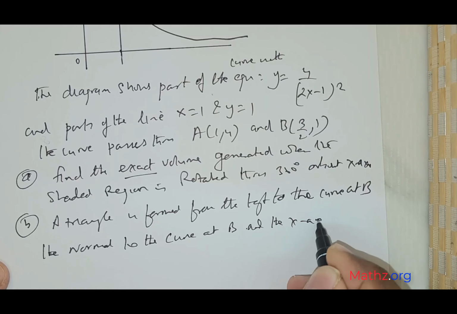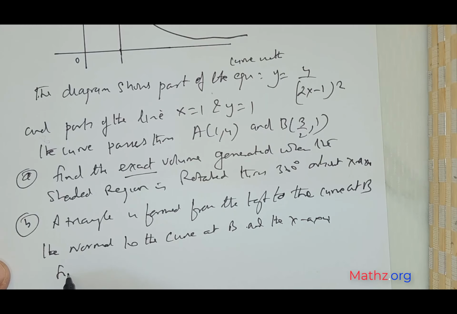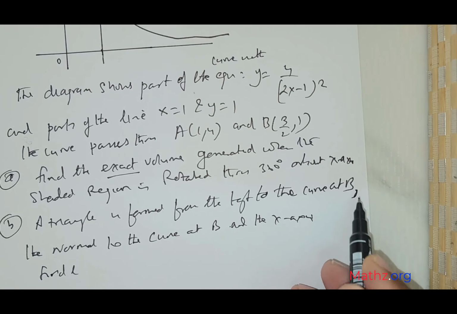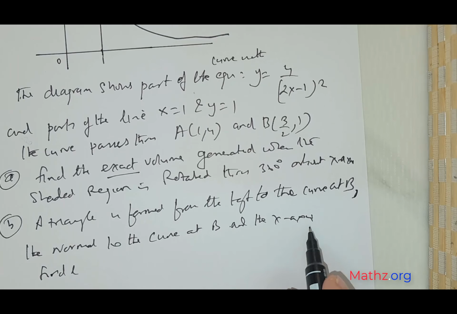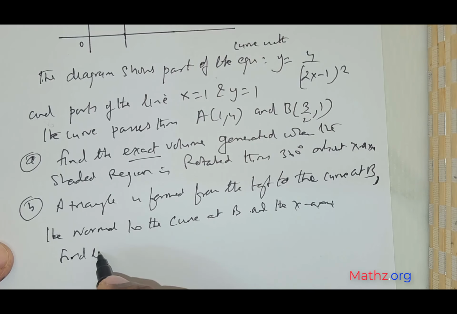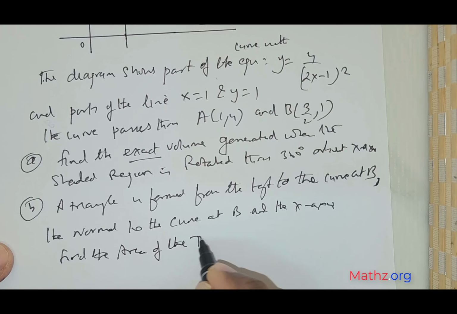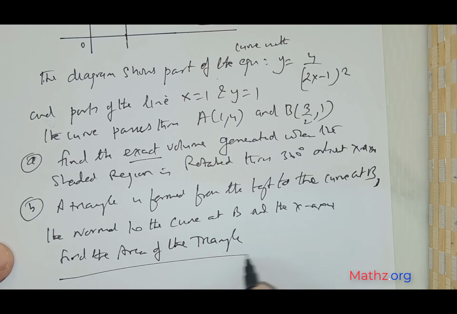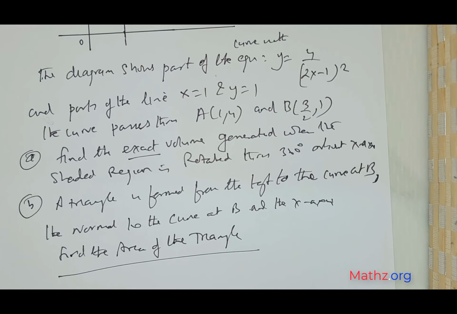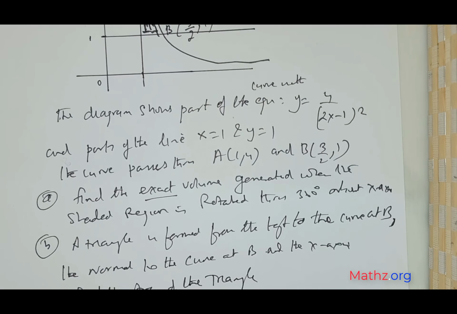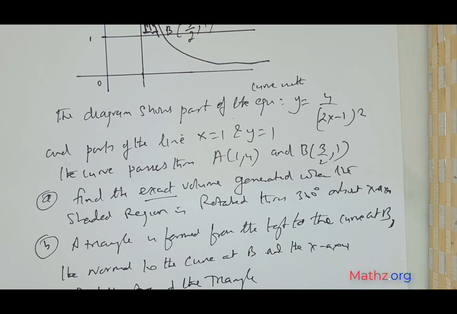We have to find the area of the triangle. So a triangle is formed from the tangent to the curve at B along with the normal to the curve at B and the x-axis. So we have to find the area of the triangle. So this is a lovely question. Okay, so having given you the question, let me go and perform the solution.